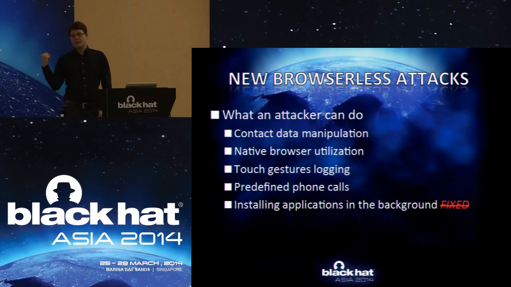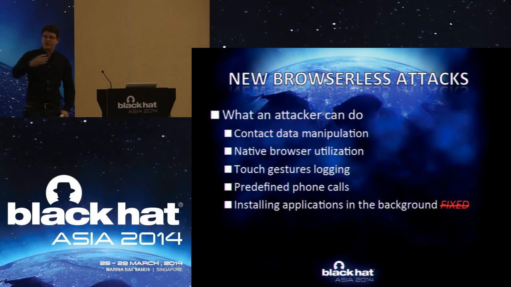And this was fixed by Google and is the zero day for today. It can install applications in the background with more permissions. So we can install an application with the help of an application which has no rights, and this new application can, for example, do all of the things on your phone like it is in the case of WhatsApp.